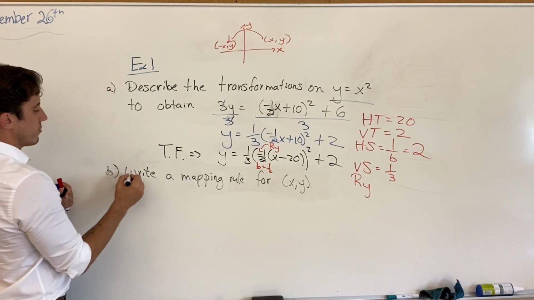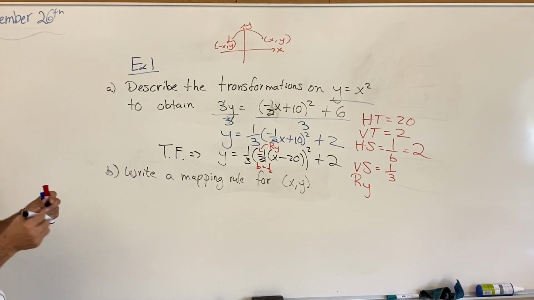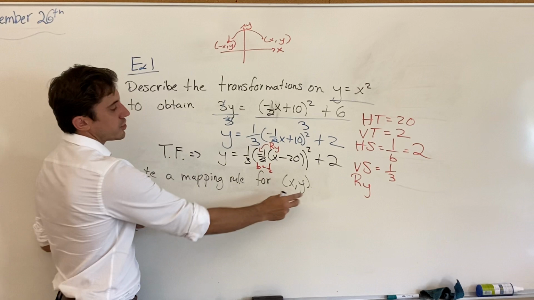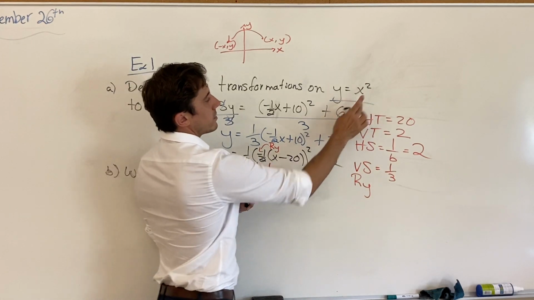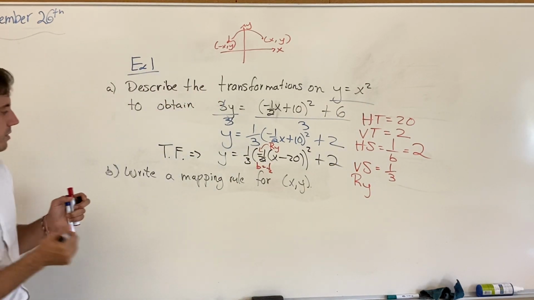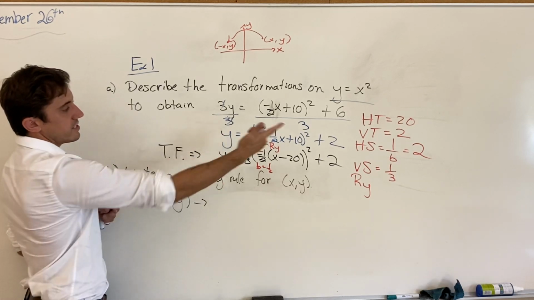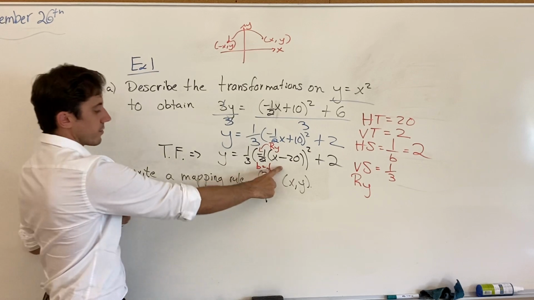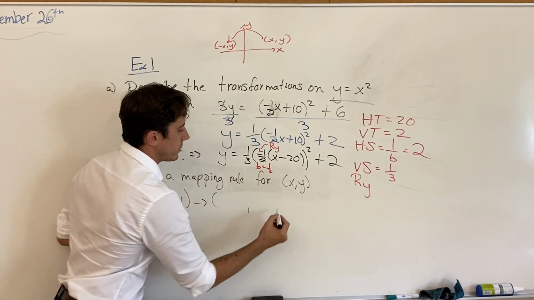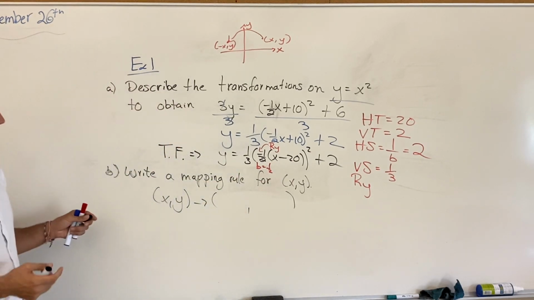Let's fill that up. So we want to write a mapping rule for any general point (x, y) on the original parent function y equals x squared, and so we can go ahead and do that. Any point (x, y), once it undergoes these transformations, on this curve will fall on the coordinates.